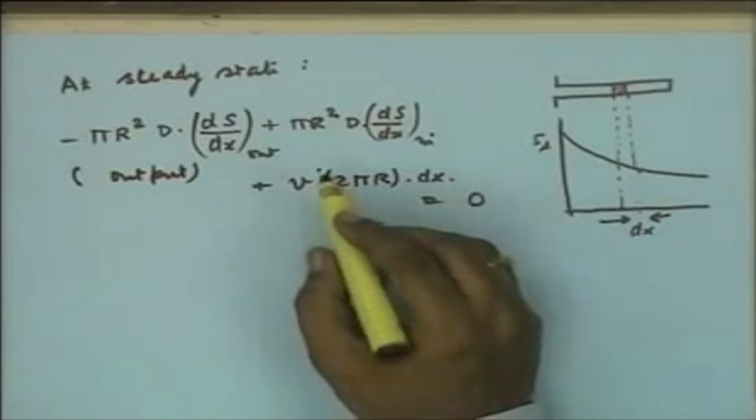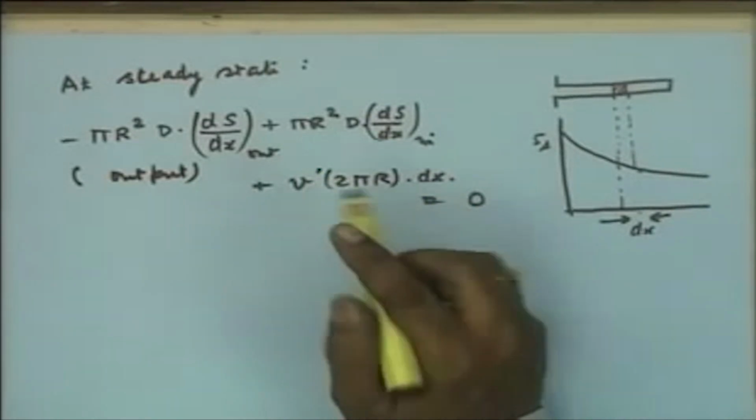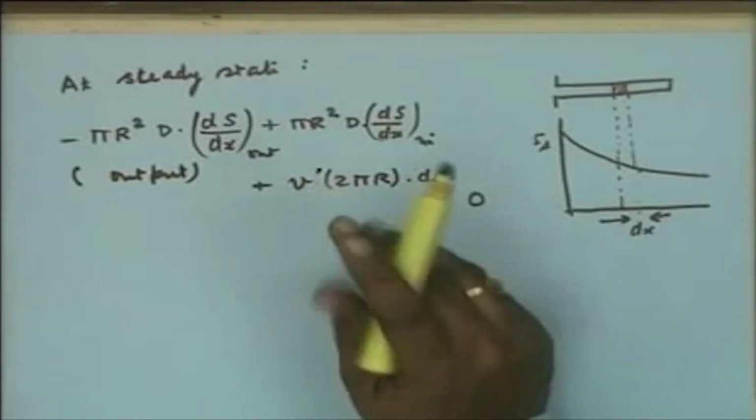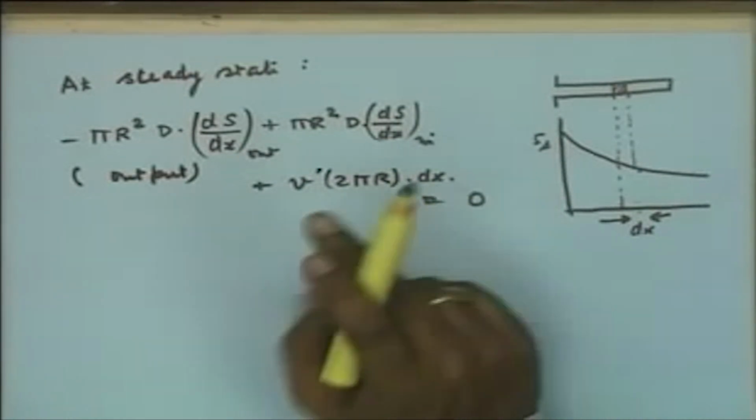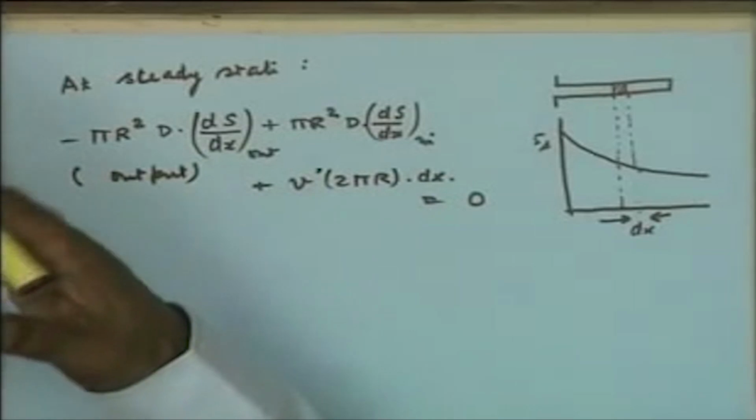Now mind you, I must again remind you of one thing: this reaction velocity V dash is based on surface area and not a volumetric reaction velocity, as we are usually used to in the case of soluble enzymes, where we usually represent it in the volumetric form, and that's why we have multiplied by 2 pi r.